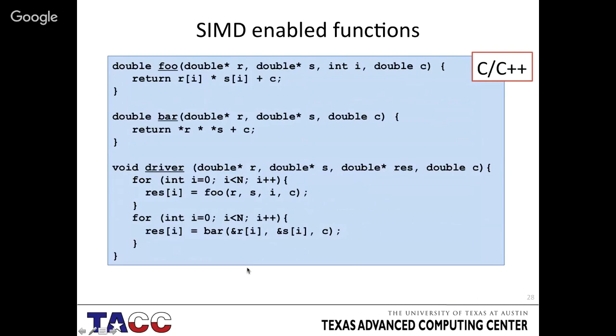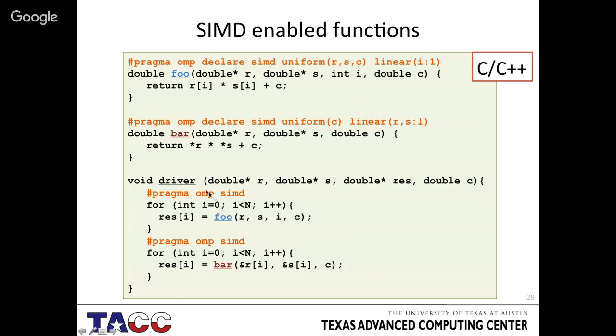In terms of how you annotate the functions, here's an example of foo and bar used down here in two loops. If I now specify that these are SIMD loops, I know that the operations on each iteration of these are going to be independent.